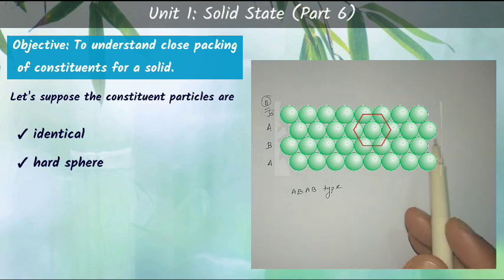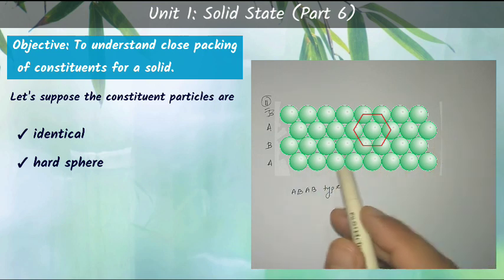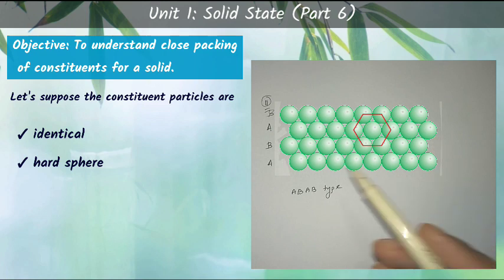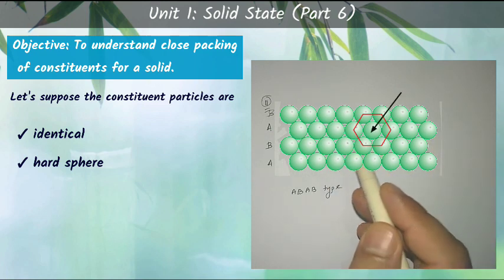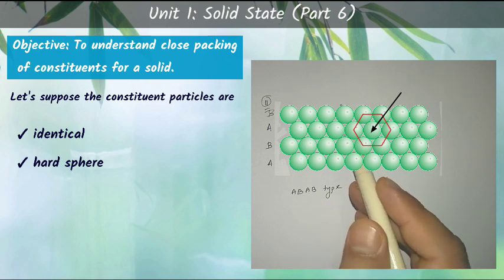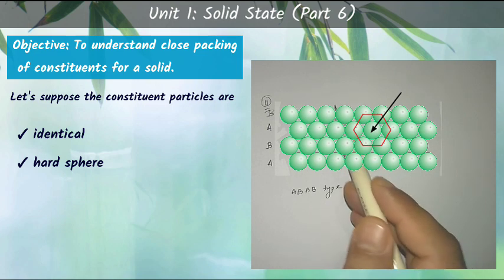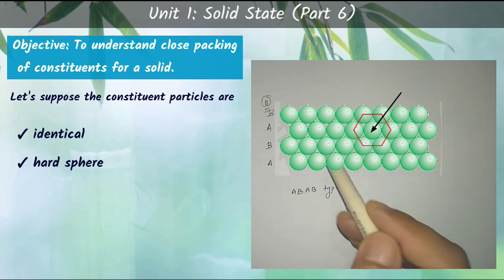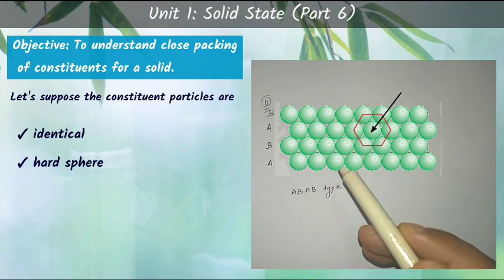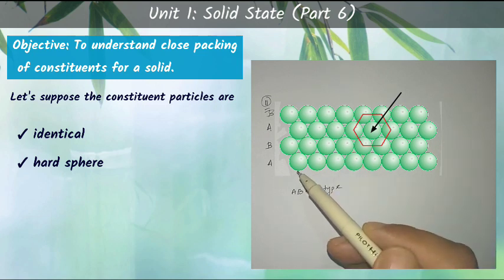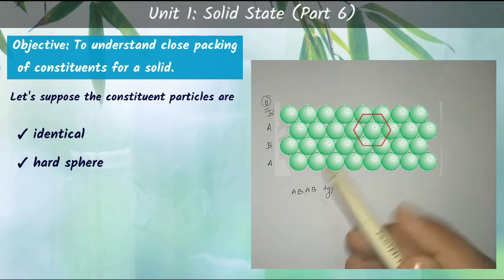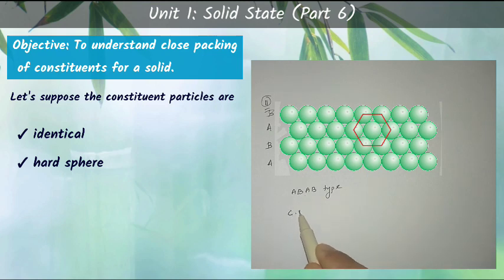And if you want to calculate the coordination number, here you see one atom is surrounded by how many nearest atoms? A total of 6 atoms will be near to that one atom. That means the coordination number for this type of close packing will be 6.